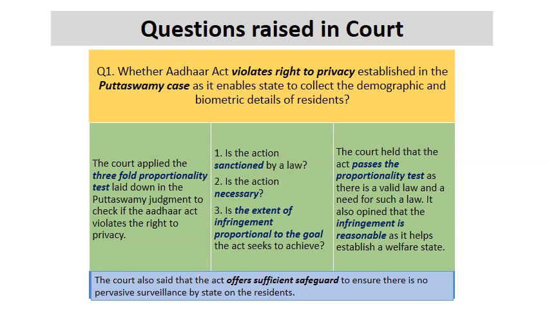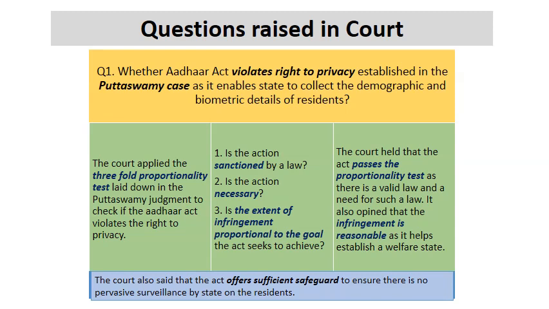So what is this threefold proportionality test? First is the action sanctioned by a law. That means whatever action that the state is taking, is it sanctioned by a law? Is there a law for it? Has the parliament passed a law for the said action?